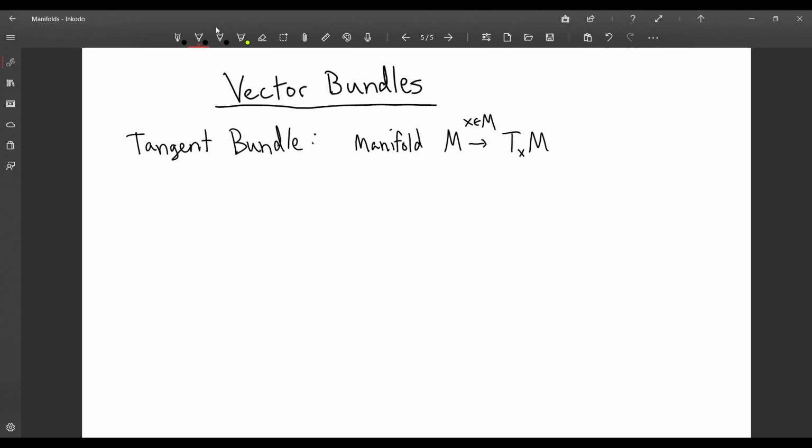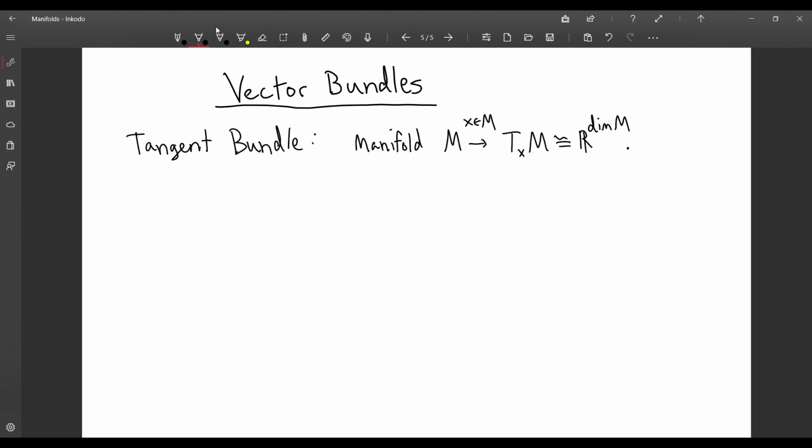And this is just a linear space, a vector space of dimension equal to the dimension of M. Since M is locally Euclidean, that's what a manifold is, the tangent space is just a representation of that local Euclidean space.